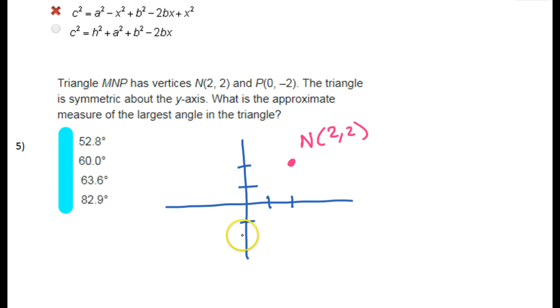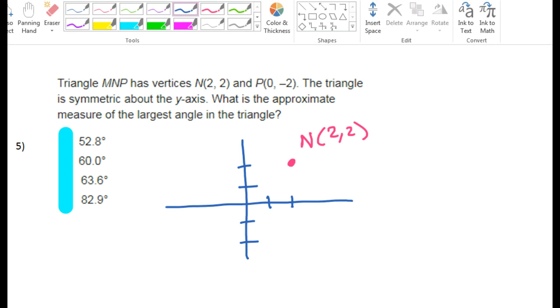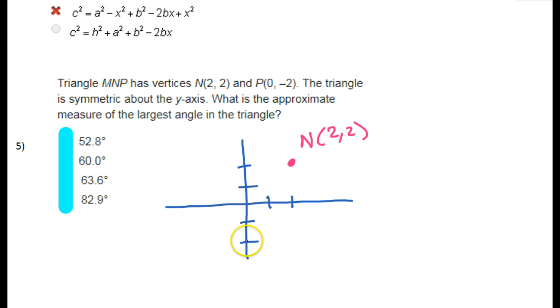So point P would be right here, (0, -2).